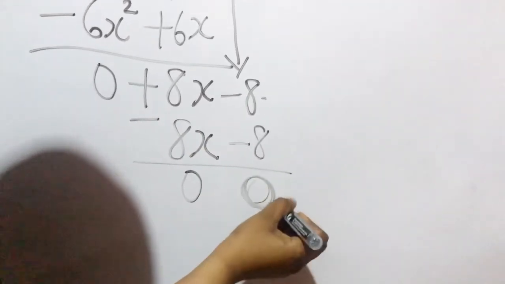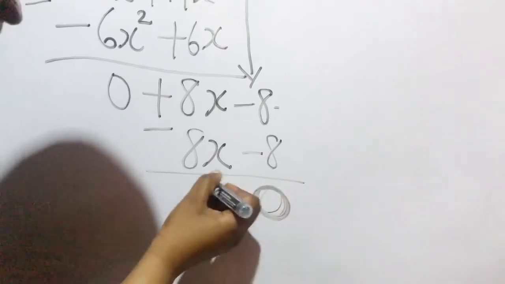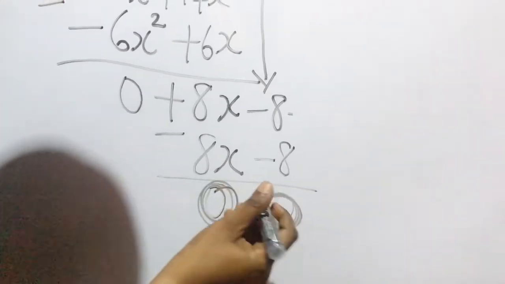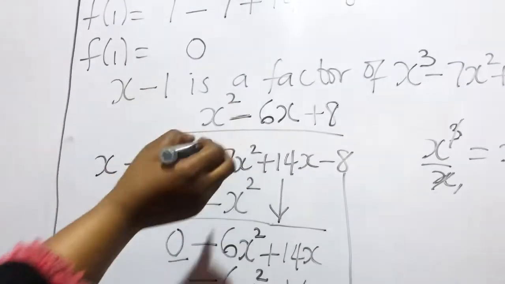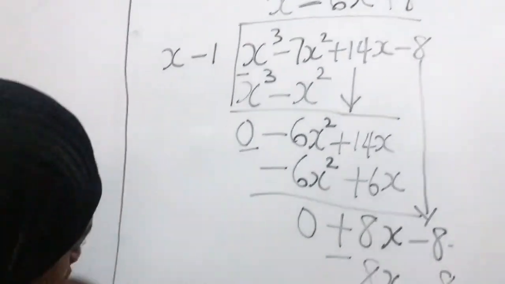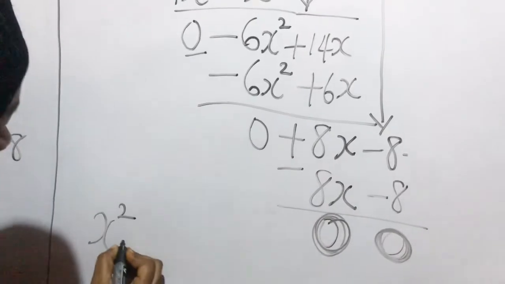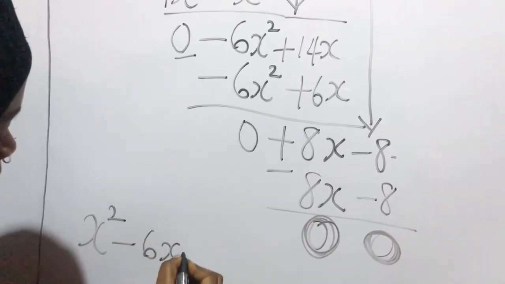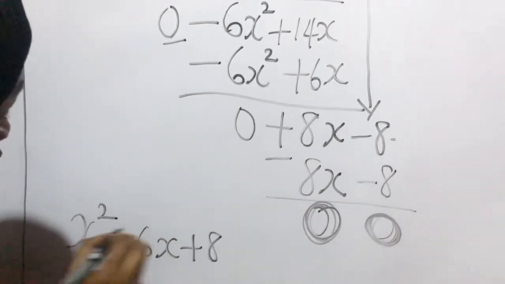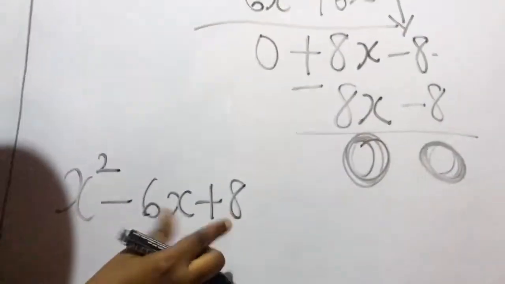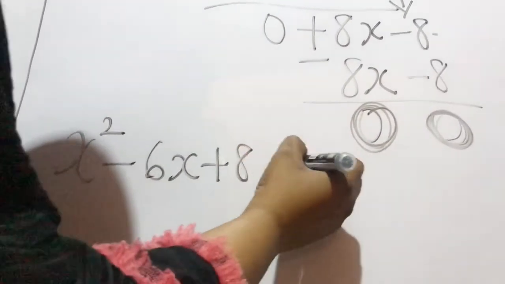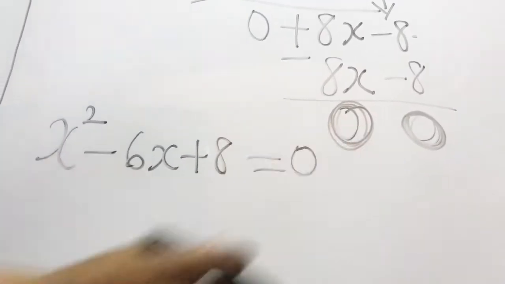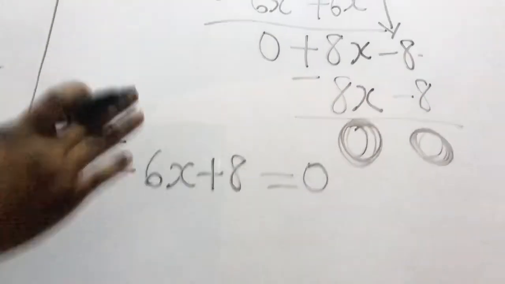So after getting the last term to be equal to 0, it means that I do not have any remainder. So now my quotient is x squared minus 6x plus 8. So this is the quotient. So the next thing for me now is to factorize this one. So it's a quadratic equation now.